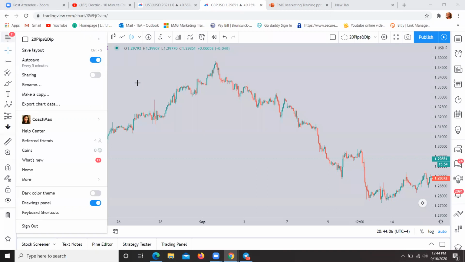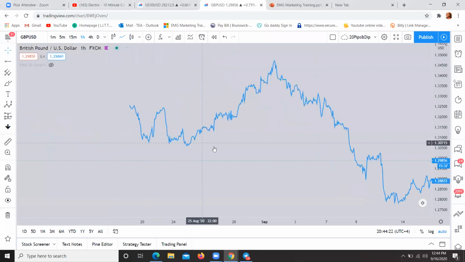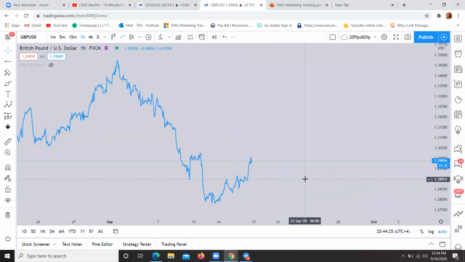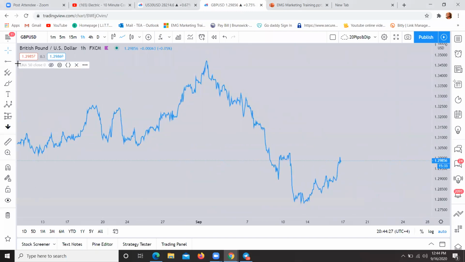Chantel, when finding key points or key levels on your chart, I think is what you're trying to ask me, you go back until you find enough data. So let's say we're looking for a key level. I just did this on the pound.